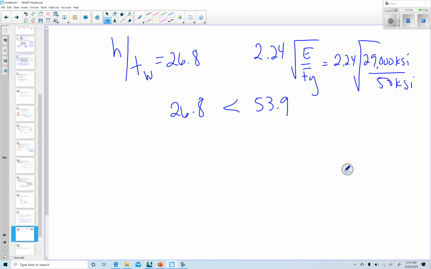It's less than, so I get to stick with G2.1a, webs of rolled I-beams with h over tw less than 2.24 root E over Fy. Right, no buckling.